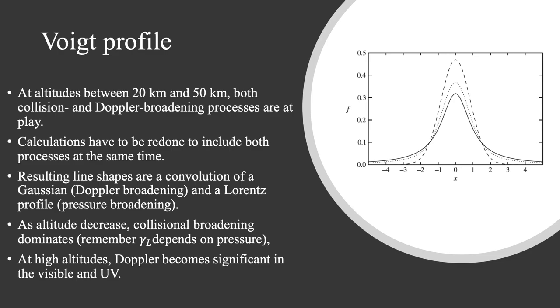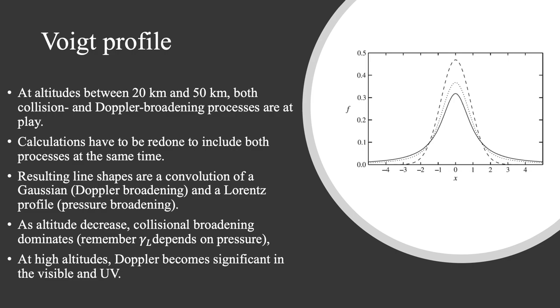And finally, the truth is that both of these happen in the atmosphere. And so in some cases one is maybe dominant, but between 20 and 50 kilometers, collision and Doppler broadening are both at play and important.